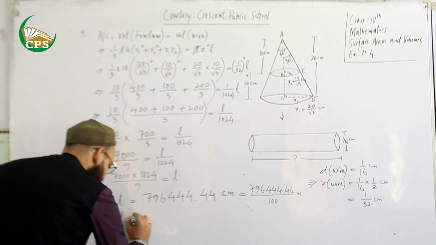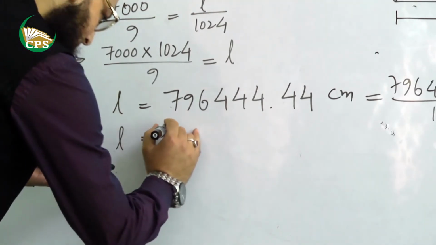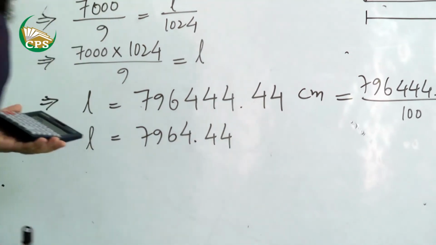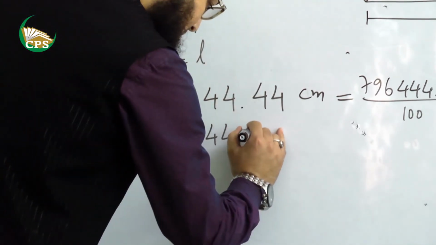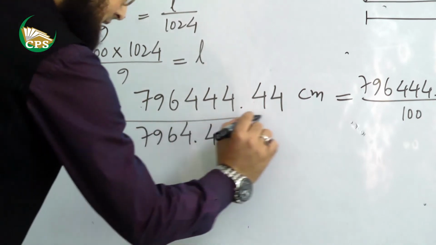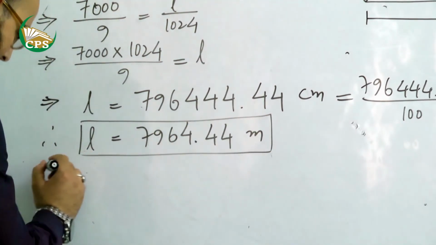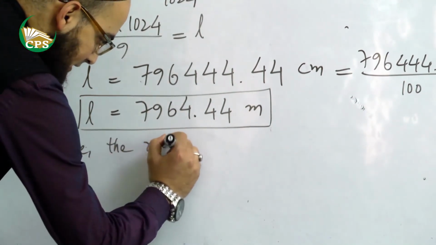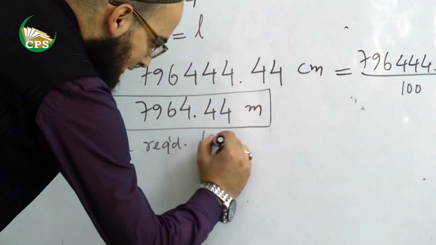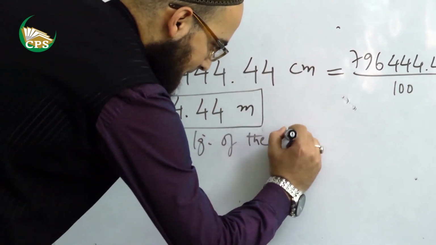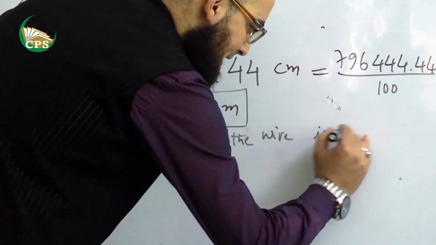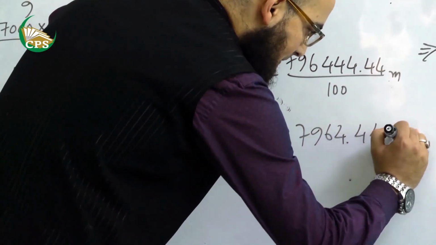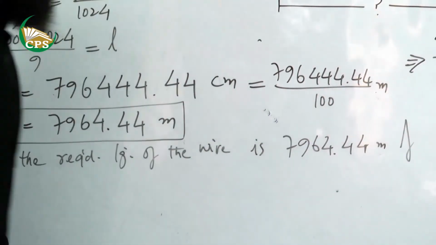Therefore, I can say L is equal to 796.44 meters, and that is the required length of the wire. Hence, the required length of the wire is 796.44 meters. And that's your answer.